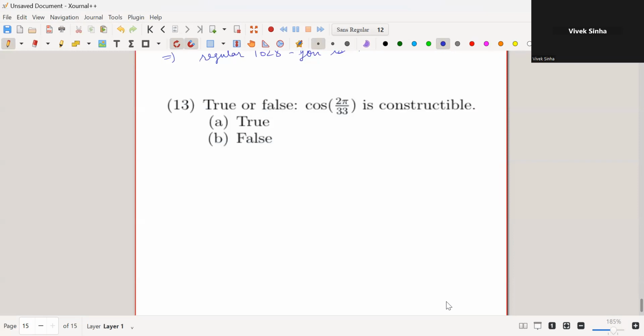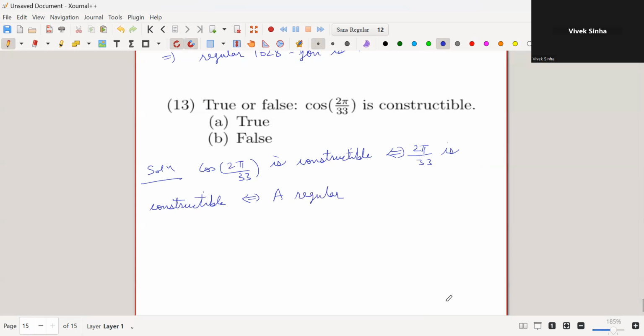Solution: cos 2 pi by 33 is constructible if and only if the angle 2 pi by 33 is constructible, and that is if and only if a regular 33-gon is constructible.